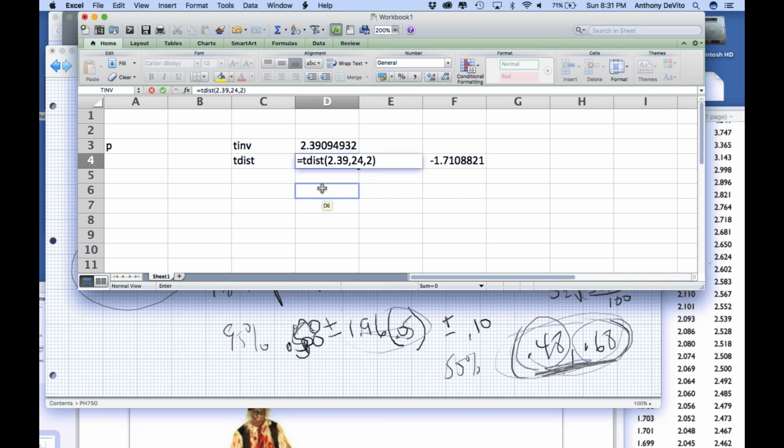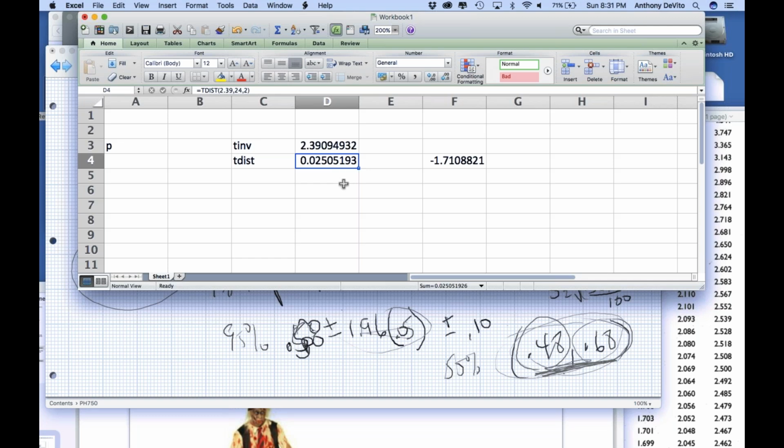So the probability of getting this extreme of a value, 2.4, when we do a t-test, the probability that we'd be wrong if we rejected the null hypothesis is going to be about 2.5%. Again, I did a two-tailed test, so it came up with only the part on one end.